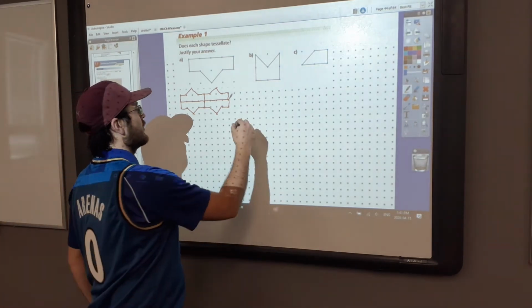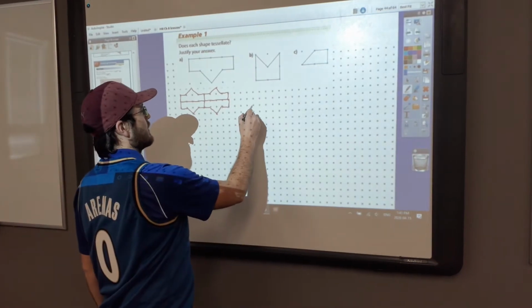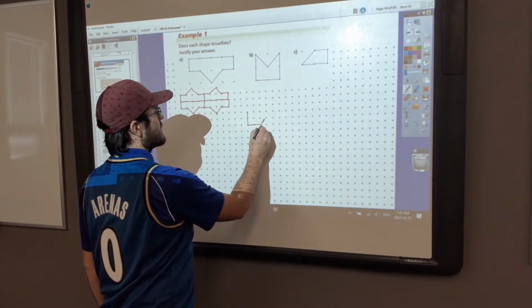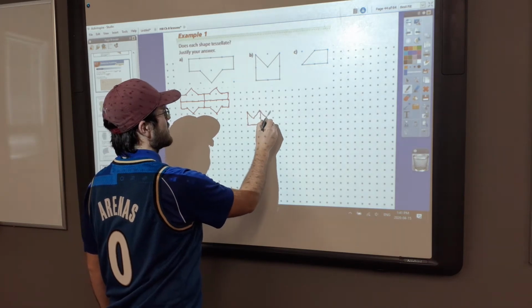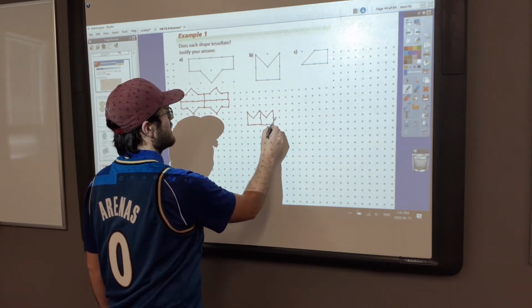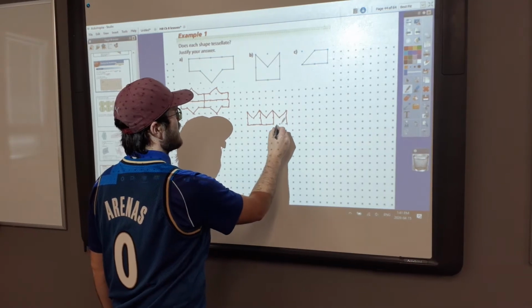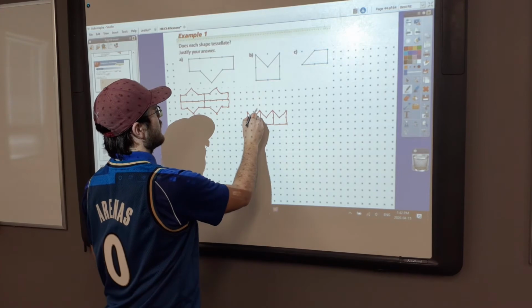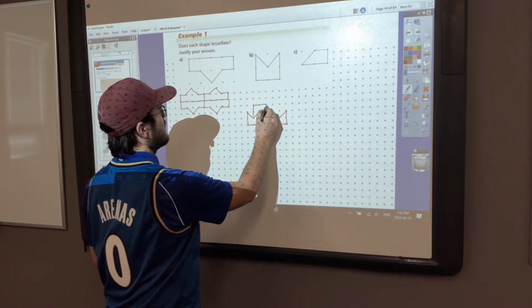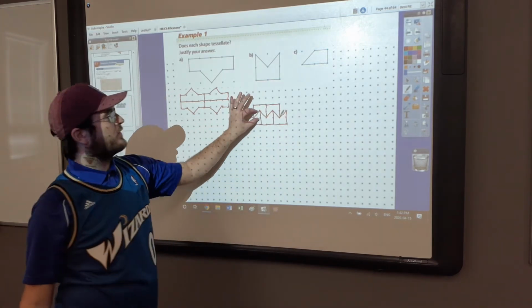Okay, so some of these you might just have to play around with a little bit. This one, if I drew this, you could, I believe, make it tessellate. If I just started doing one of these every time, you might think you might get stuck if I put it on top, but if you were creative with it and you staggered it a little bit, you could see that that's going to fill the gap every time.